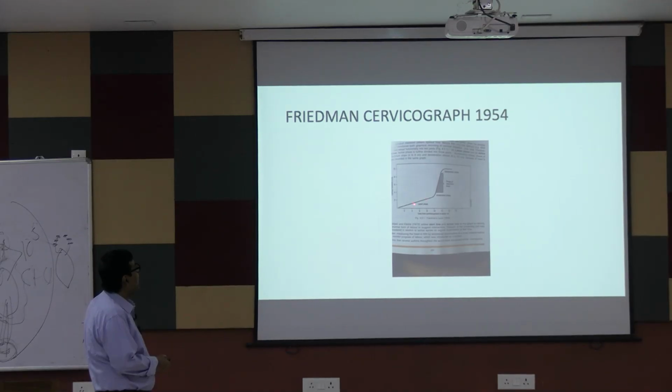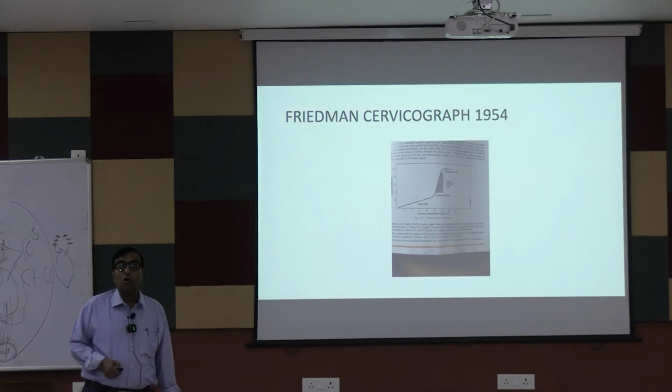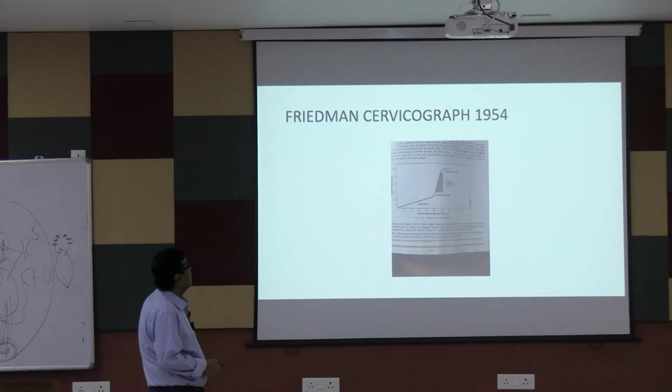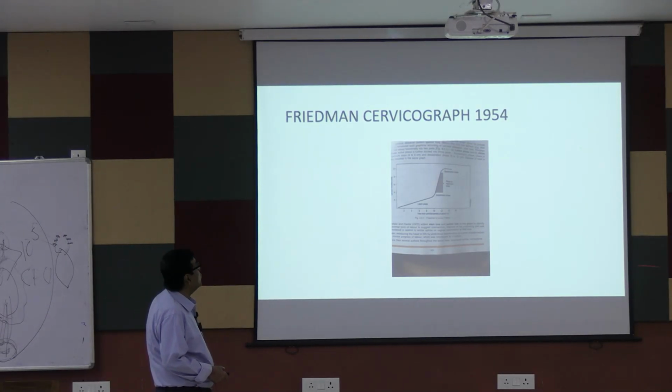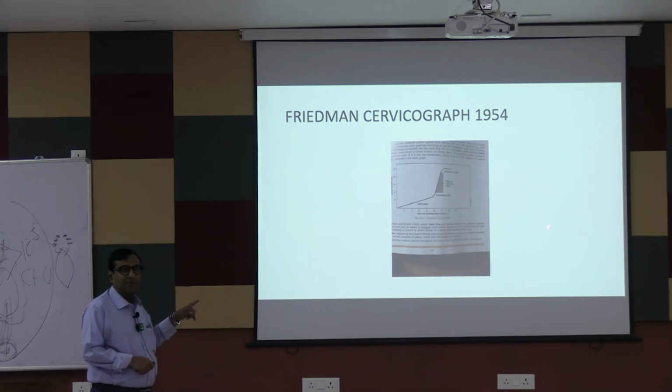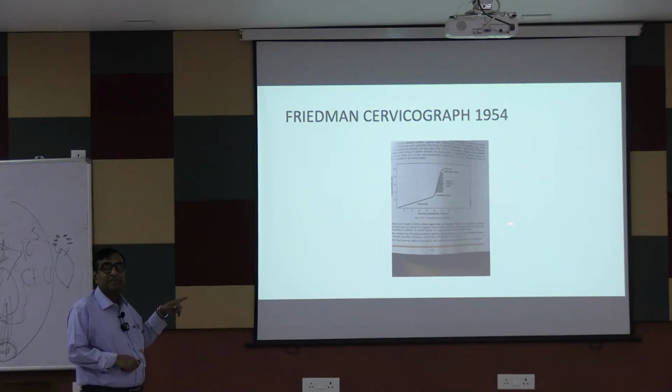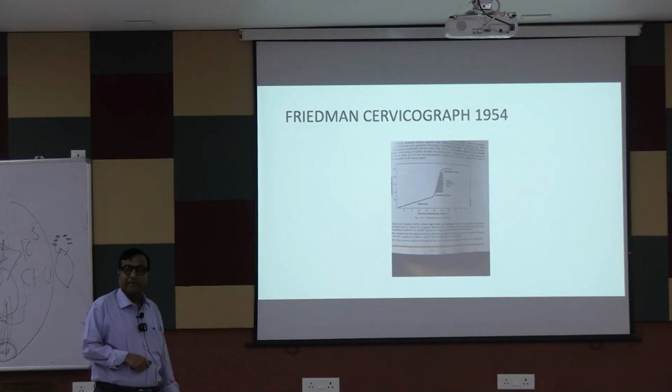Unless the cervical dilatation reaches 3 centimeters, that is called latent phase. After that, it enters into active phase. Previously, it was accepted like that: active stage of labor starts at 3 centimeter dilatation.